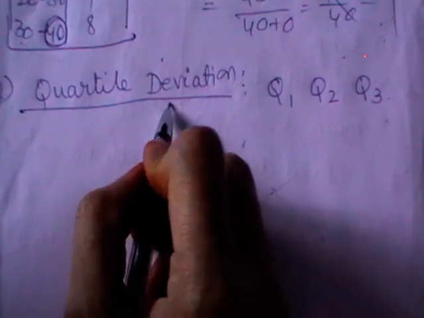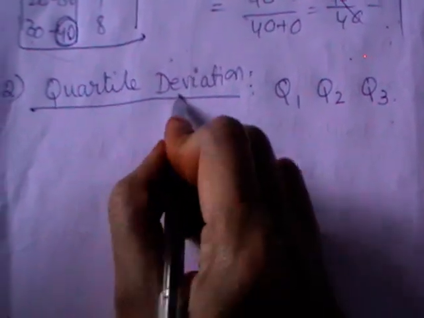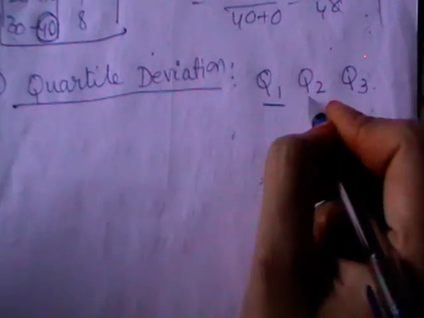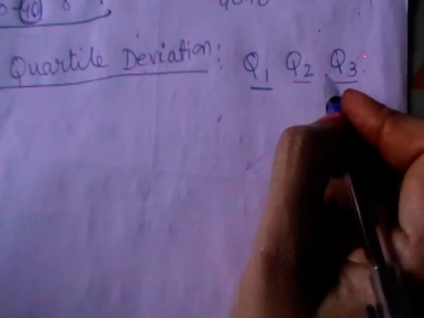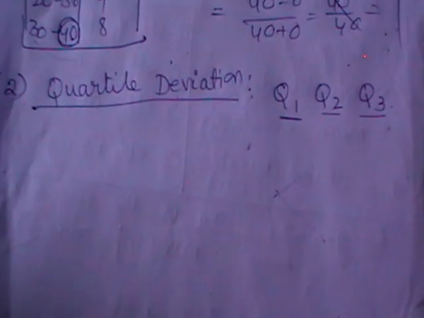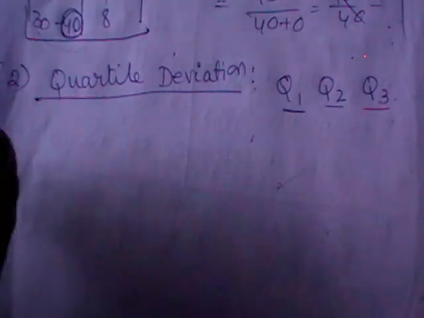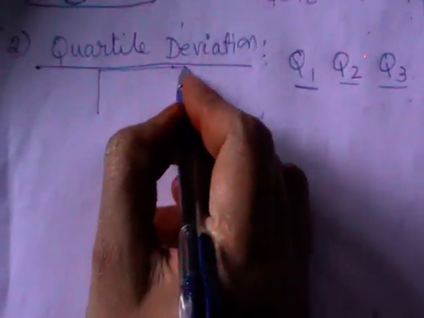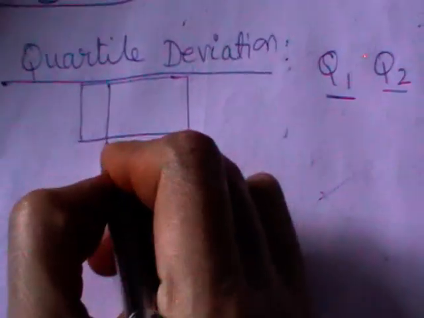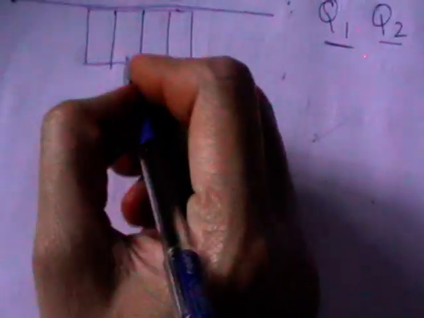Deviation. Okay, to discuss quartile deviation, first let us discuss what quartiles are and how many quartiles there will be. Quartiles are the data which divide the data into 4 equal parts. Quarter means 4 parts. If this is the given data, it divides the data into 4 equal parts.